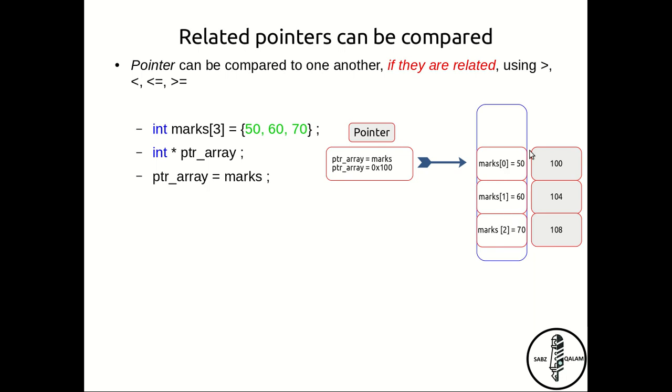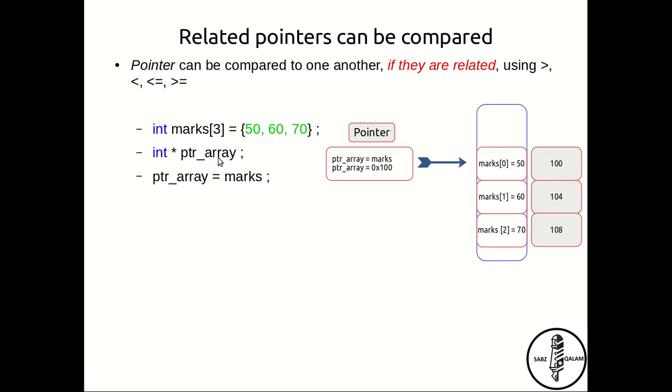And let's assume the first one has the address 100, the second one 104, and the third one 108. Remember, because these are integer type and one integer consumes 4 bytes, so this one is actually present in address locations 100, 101, 102, 103. So that's 4 bytes. The first address is 100.